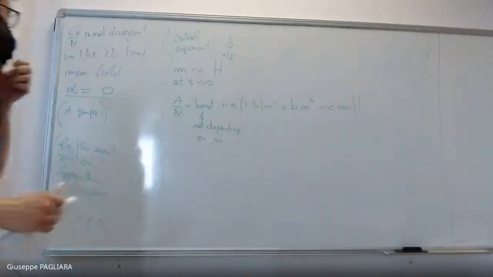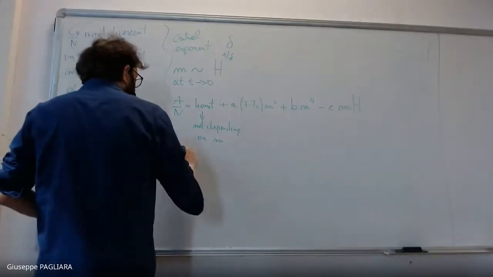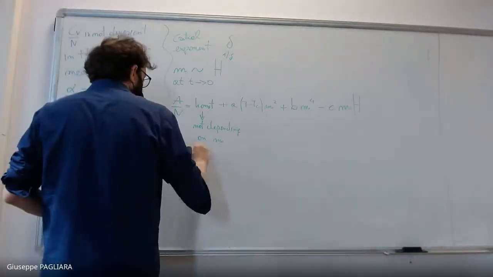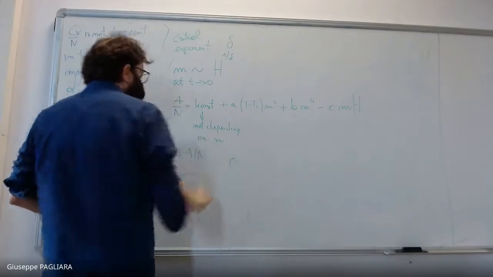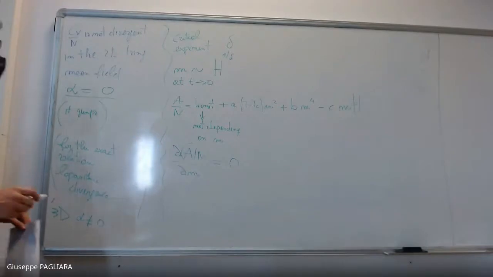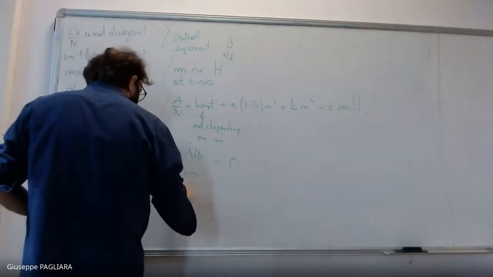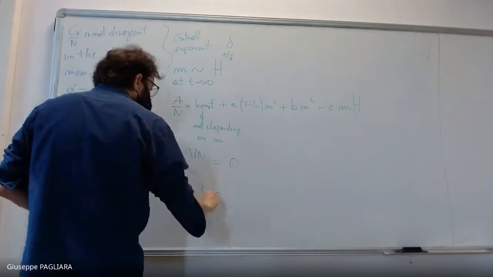where I'm making explicit the dependence on H, which was the coupling, if you want, between the external magnetic field and M. Now, what I have to do is minimize this quantity with respect to M, so making the derivative equal to 0, and work at T equal to Tc.